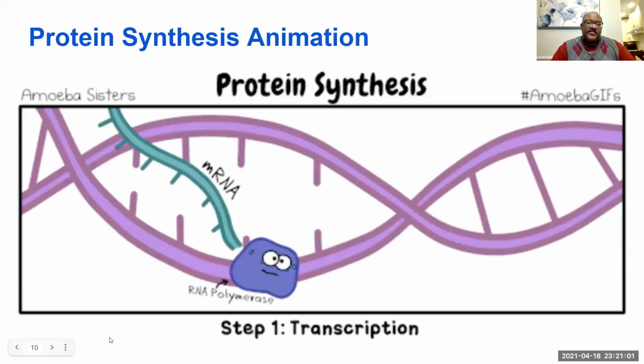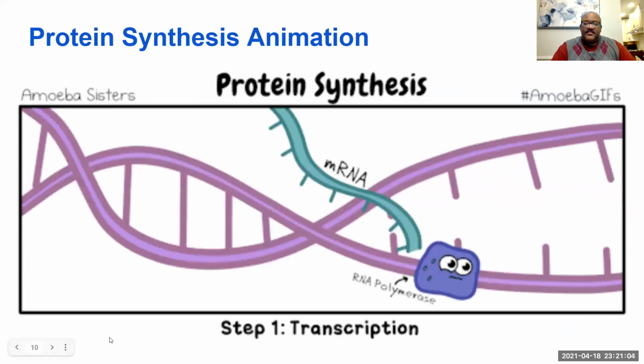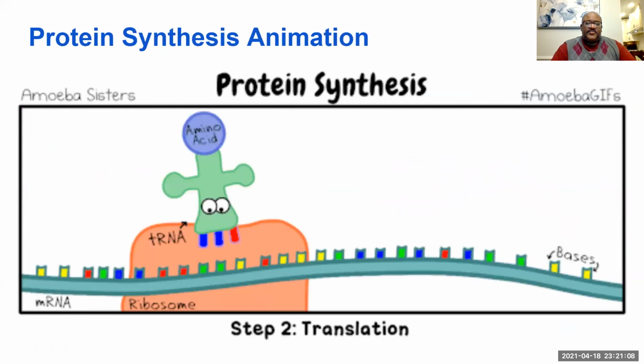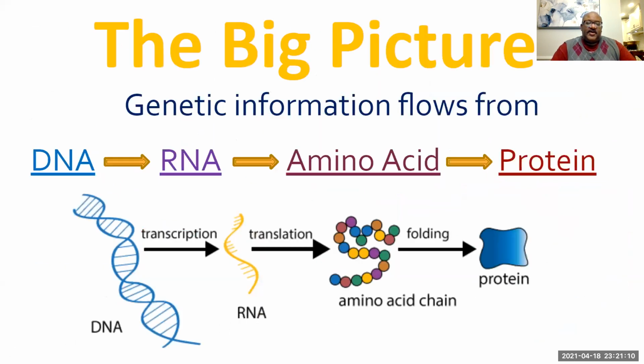Here's a little animation. The first part was in the double helix, and now it went out to the ribosome. I have this slideshow posted so you can go back and look at that.